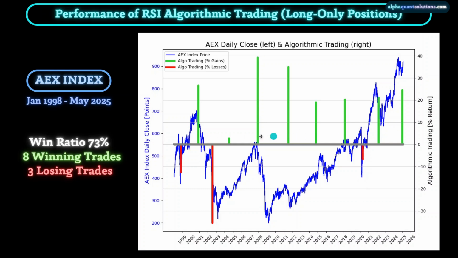But other than that, really quite a few high winning trades. So 6 of them above 20%, and 2 of them even above 30%. So yeah, interesting, promising results for a very simple algorithm without much tuning or adjusting of the parameters.